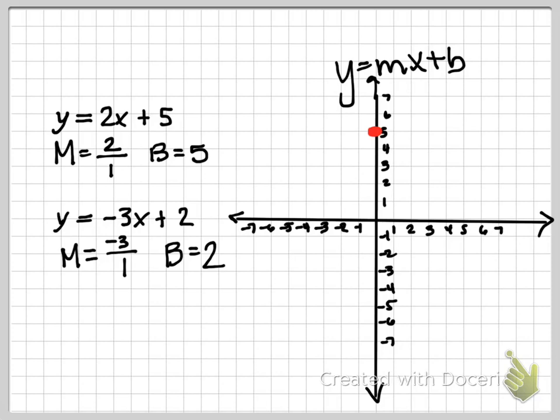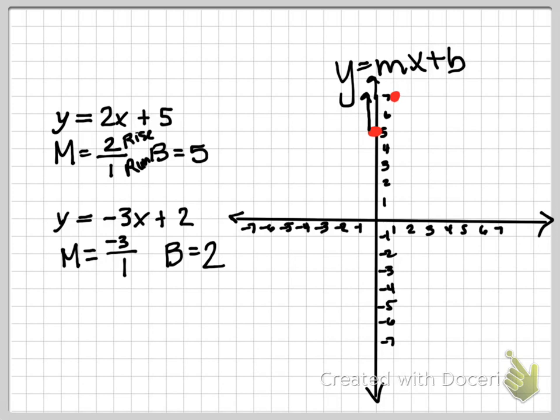Now, you use your slope. Remember, slope is rise over run. So the rise tells me, if this is my rise, this is my run. When I have a positive rise, that means I go up 2. So I'm going to go from 5 to 6, 6 to 7, and then I have a positive run, so I'm going to go towards the positive side of the x-axis, which is right here.